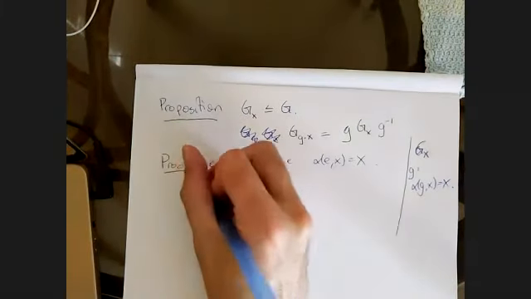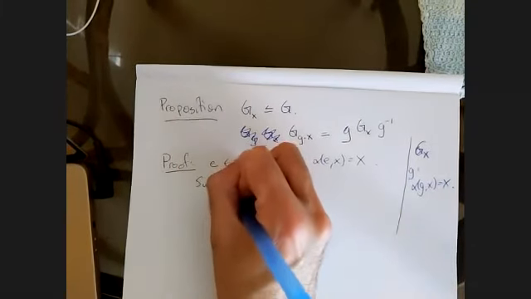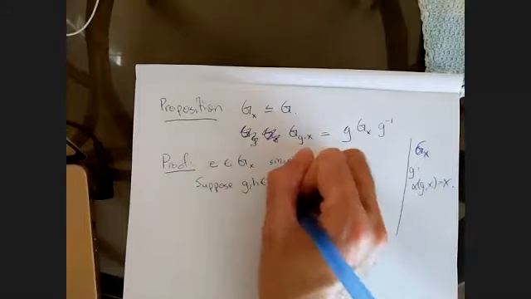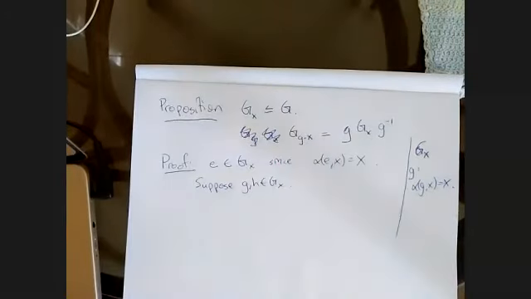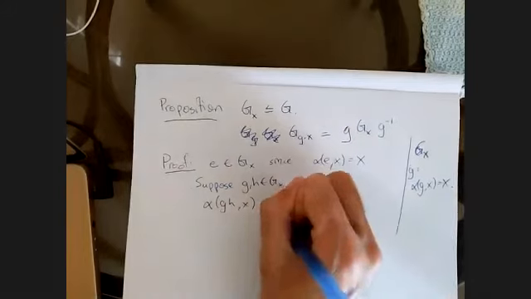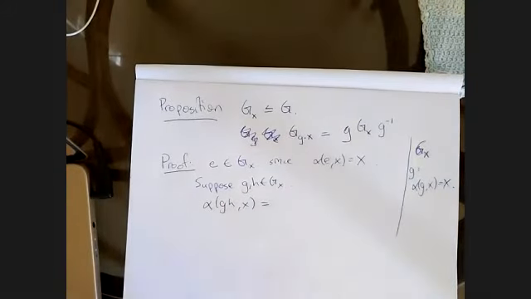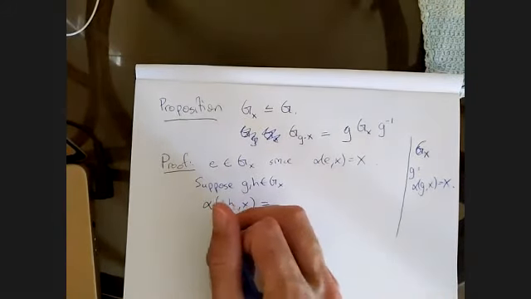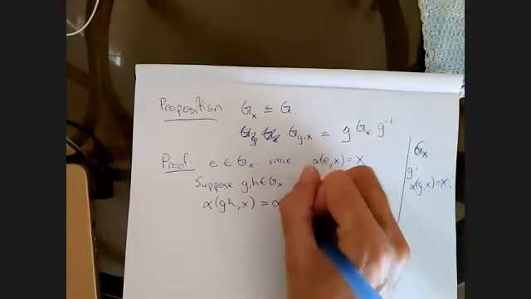Now let's suppose g and h are in the stabilizer. Let's look at alpha(gh, X). Well, the first part of the definition of being a group action is that we have this associative property.